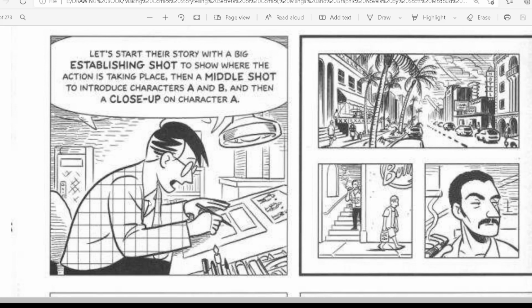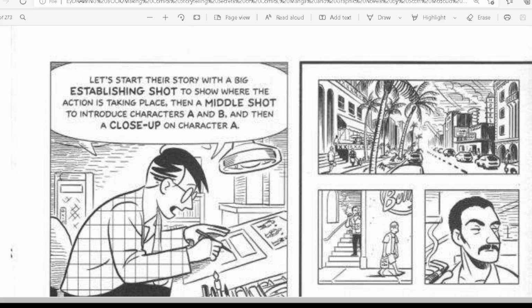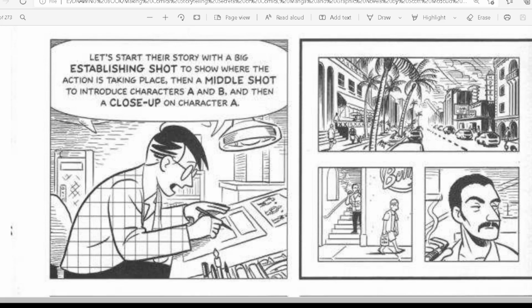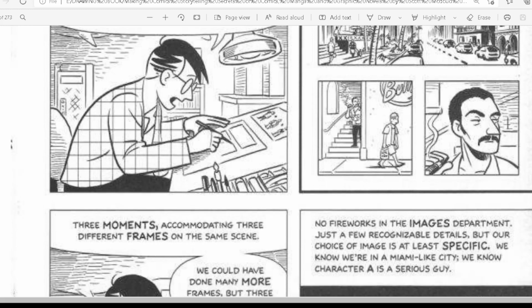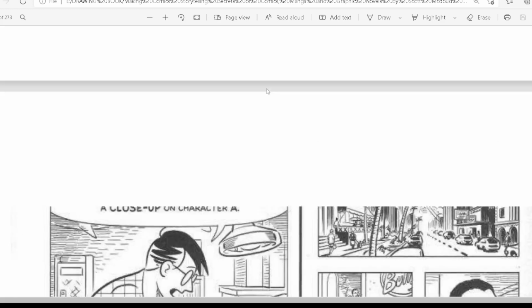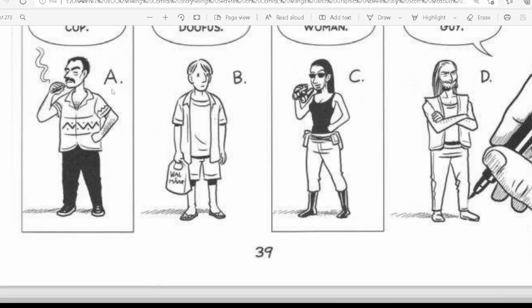Let's start their story with a big establishing shot to show where the action is taking place, then a middle shot to introduce characters A and B, and then a close up on character A. Now, as you can see in the first panel, in the first frame, there is a background picture, and then two characters, A and B. Let me see.